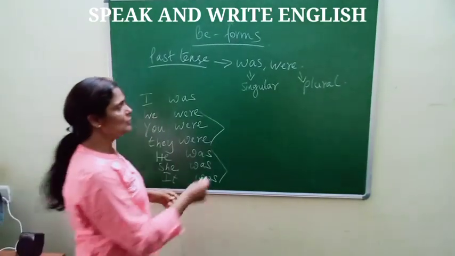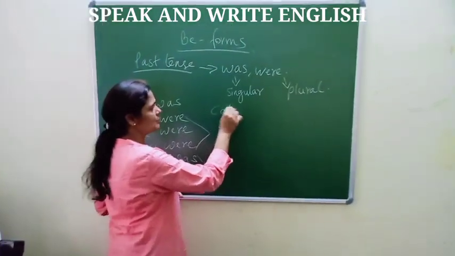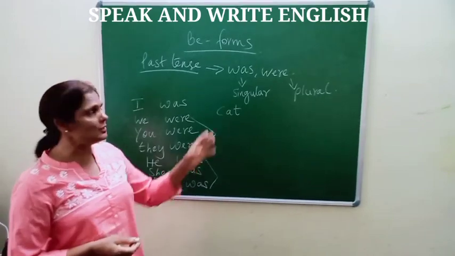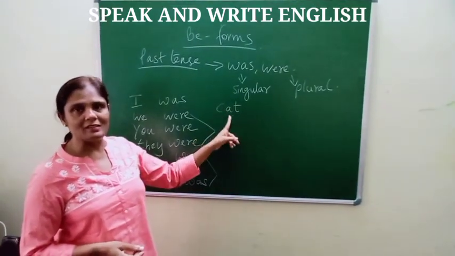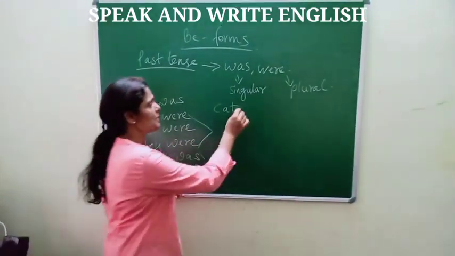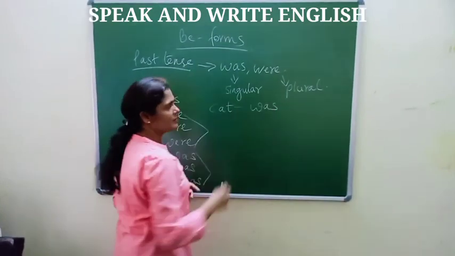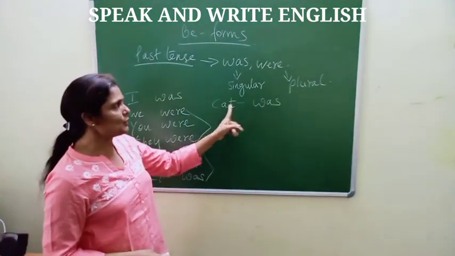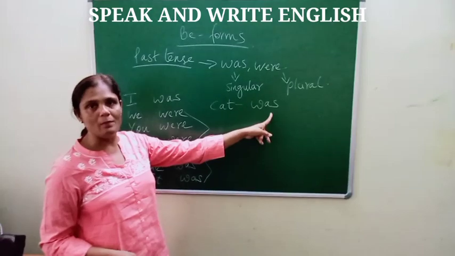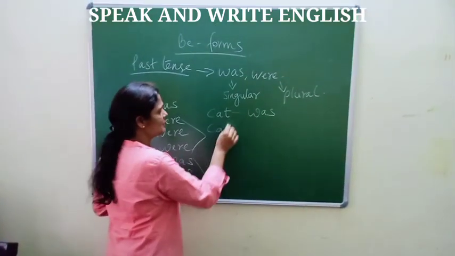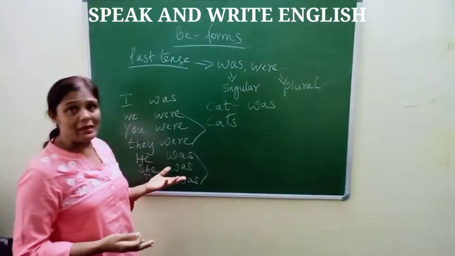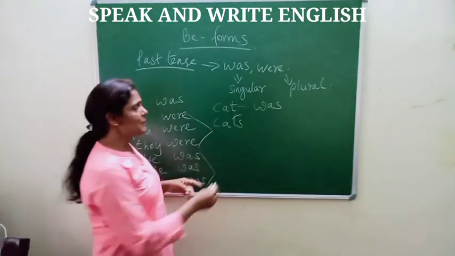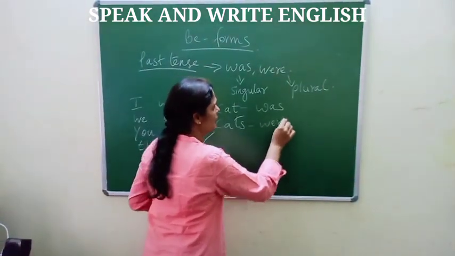Now when it comes to the third person, cat. Cat is a single unit, so we make use of the be form was. Cats can be many, more than one, so we make use of were.